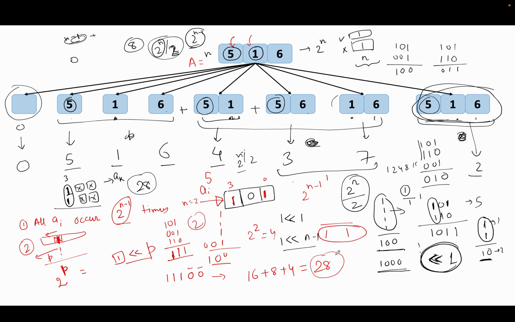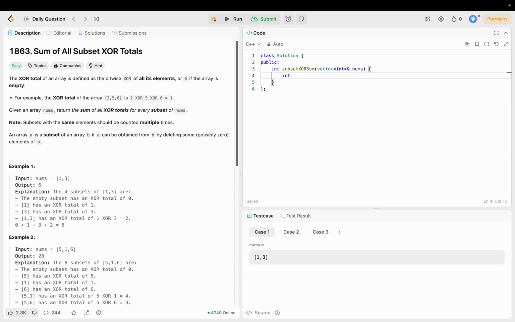Now let's write the code for this, which will be very trivial. So first the result, let's initialize to 0. Then for each number, first we take the OR, and then let's also calculate n.